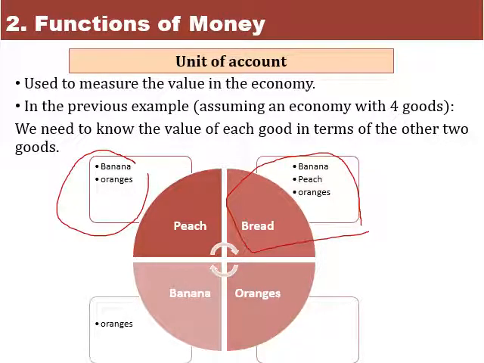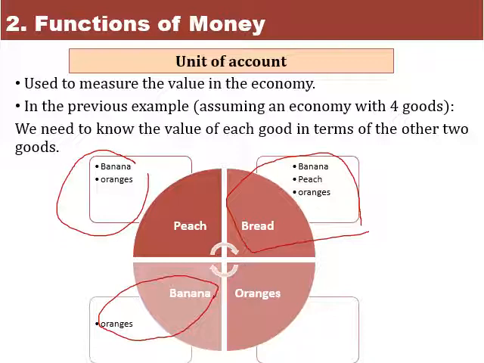Then we also need to know the value of banana in terms of oranges. So, as we have seen, we have four commodities, which are bread, peach, oranges, and bananas, but to evaluate the value of each commodity in terms of the others, we need to know six different prices.